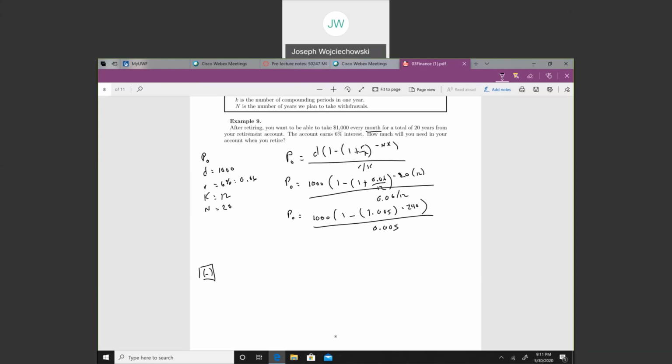Okay. So continuing, we have 1,000 times 1 minus 0.3021, all over 0.005. 1 minus 0.3021, so I get 1,000 times 0.6979 divided by 0.005.